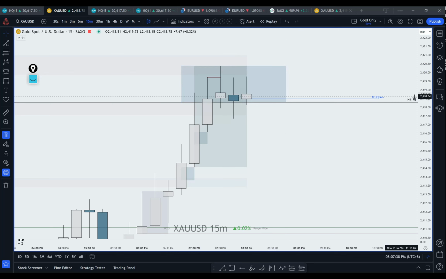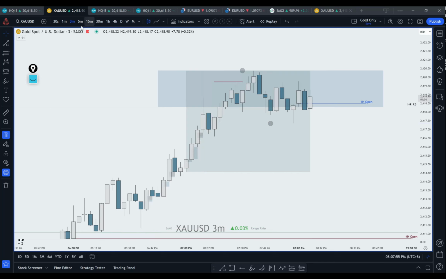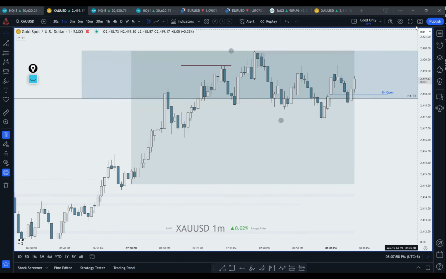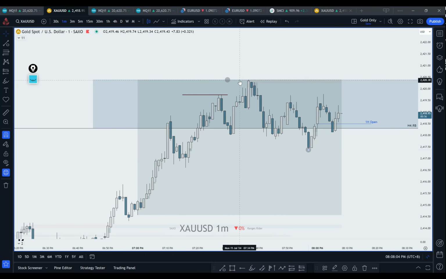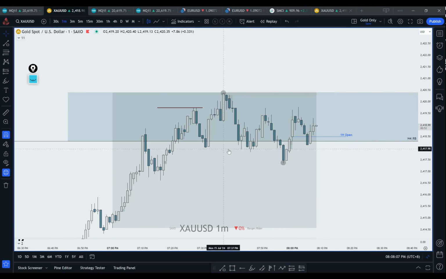This is not the order pairing yet, because we are still above the H4 rejection block. If this candle closes below here, then maybe we will be looking for a short from here to here. This will be on the 3 minute time frame. Maybe this will be the range, or maybe the 1 minute time frame, here to here, and then we can enter here.